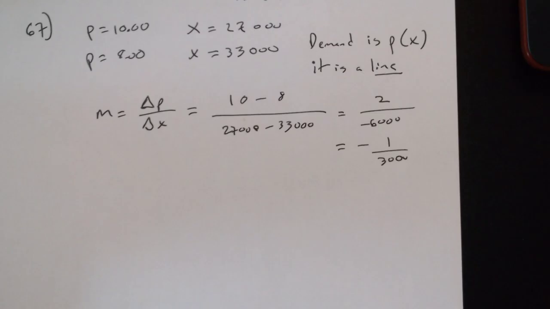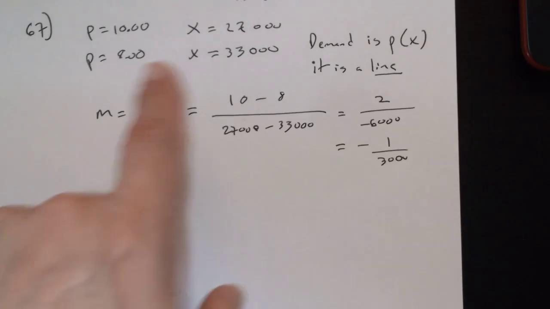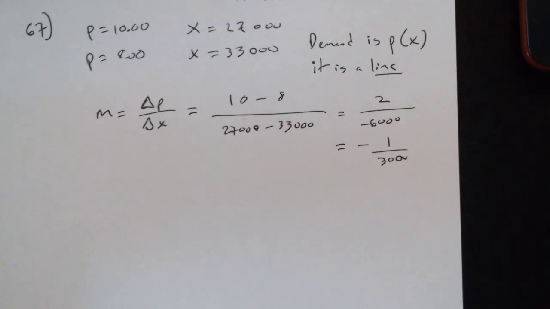This is a slope. I need the rest of it. Give me the actual equation. I need y equals mx plus b. I have p equals mx plus b. So I can solve for b with either set of data points, or I can use that point slope form. P minus one of the prices is slope times x minus one of the x's.